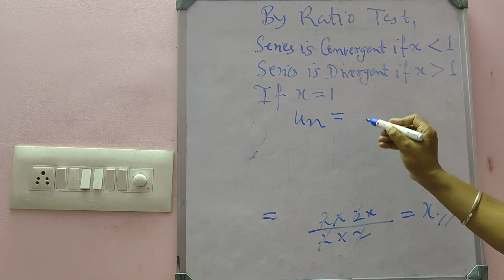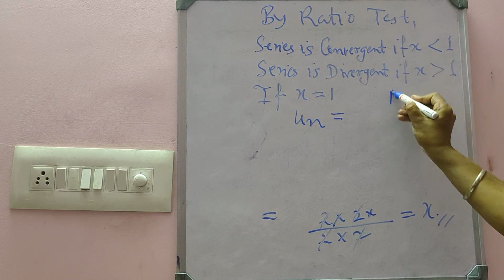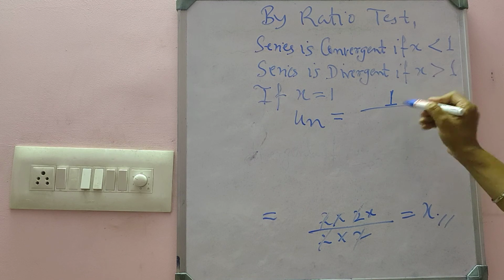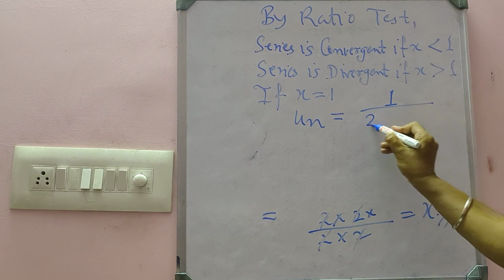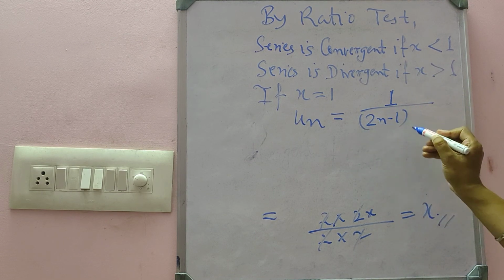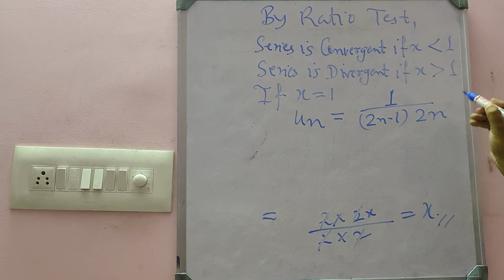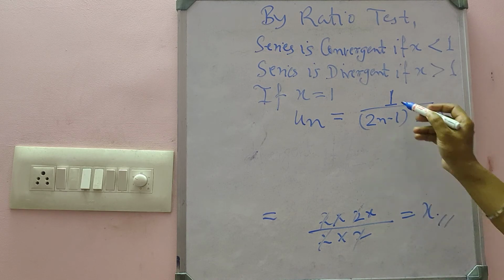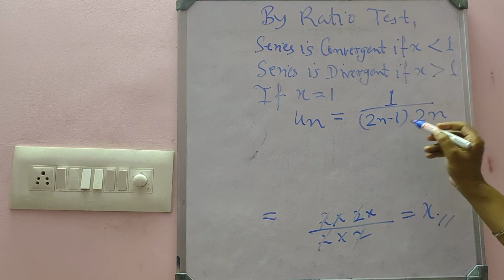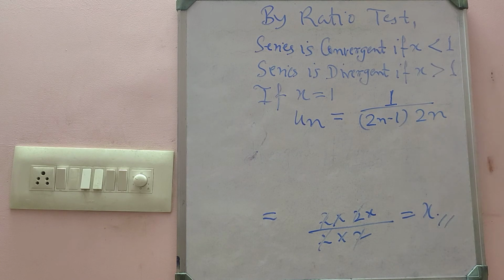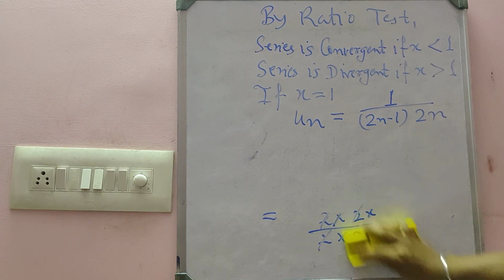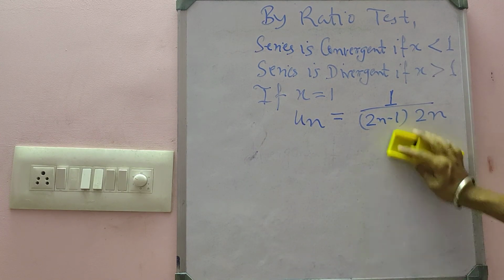Our un will become 1 by (2n minus 1) into 2n, because in place of x you have to put value 1. Now here we use comparison test.